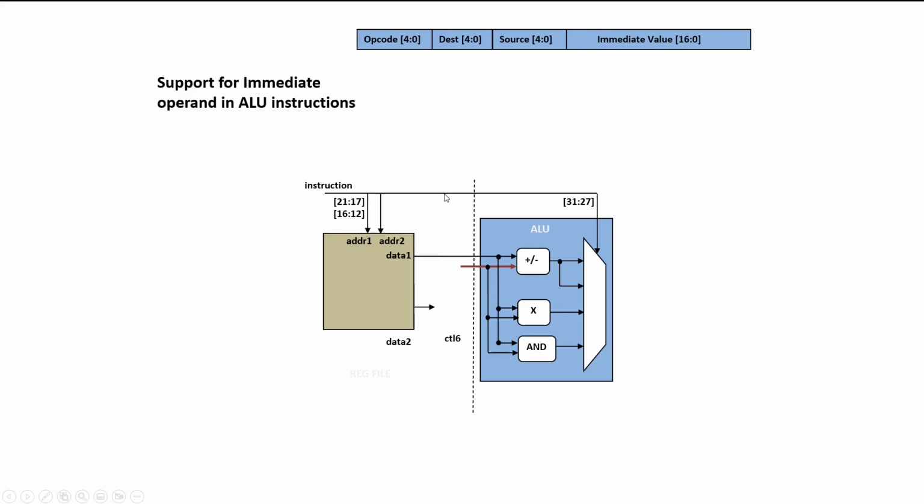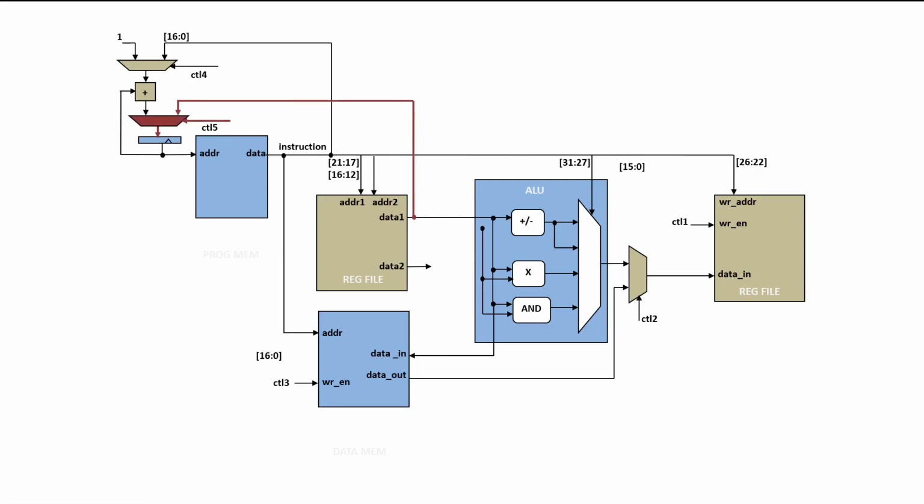For that, we can add a mux here, so that instead of reading from data 2, we can take the value from the instruction directly and use that in addition, subtraction, or multiplication. So basically, we have added a few muxes, one for jump based on register, one for immediate instruction, and that will add the support for jump here.